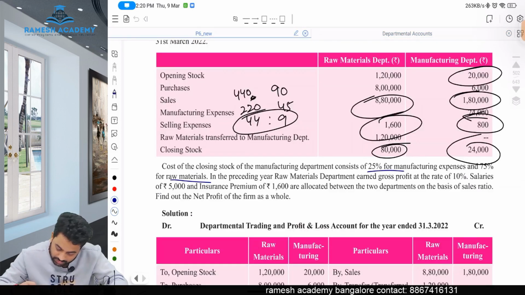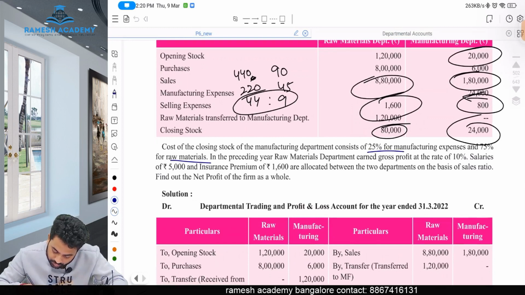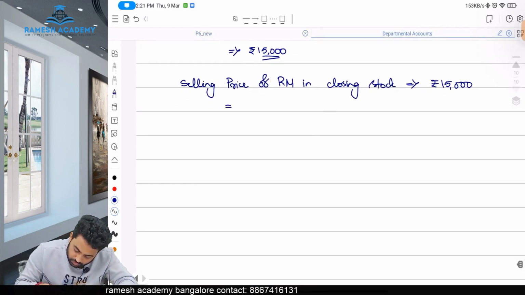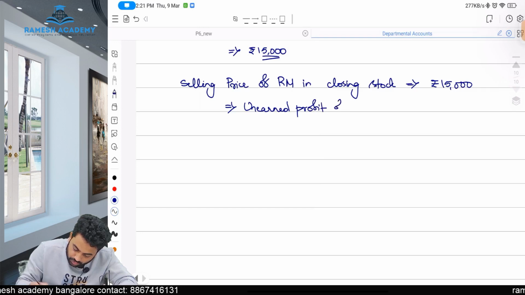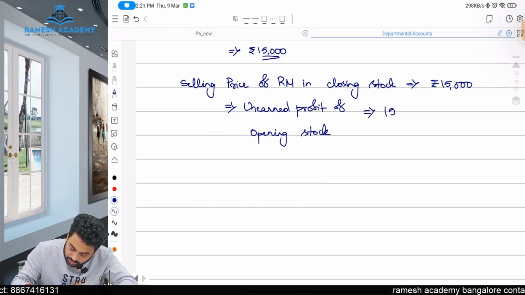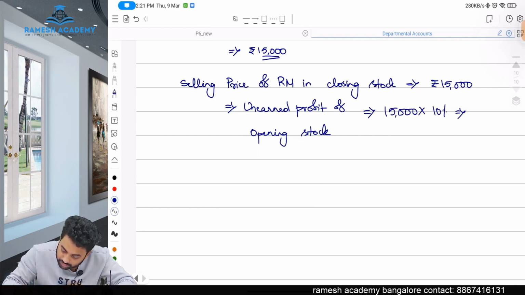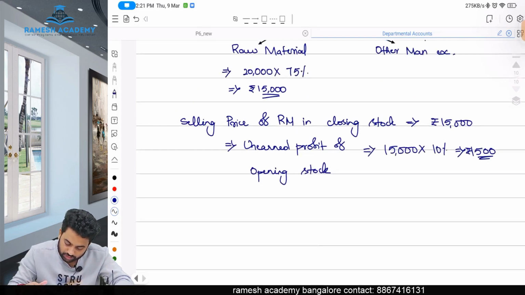They are telling that the raw material department earned a gross profit of 10%, which means unearned profit of opening stock. Opening stock was 15,000. Upon that, last year 10% was the preceding financial year's profit. So rupees 1,500. Stock reserve comes to rupees 1,500.